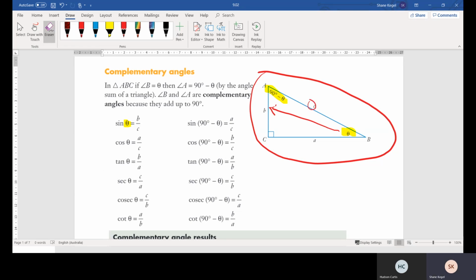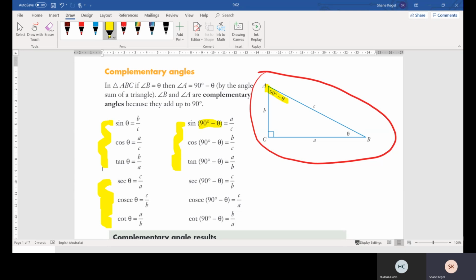And we work our way down and we can get our complementary angles for each of our ratios. So we've got our standard sine, cos, and tan here, and then we've got sec, cosec, cot, which are our inverse ratios. We have the same down the other side for our opposite angle, or our 90 minus theta.